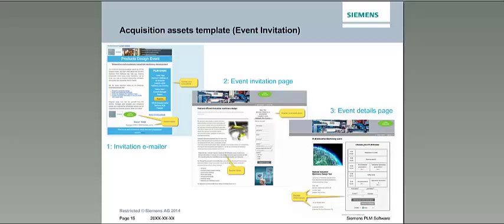So that means you see something about the PLM event. The information about the PLM event is specific for your event, and it's the same with the logo, contact details and all this kind of things. So there are all different elements on these pages and mailers that show your identity and your information in there.